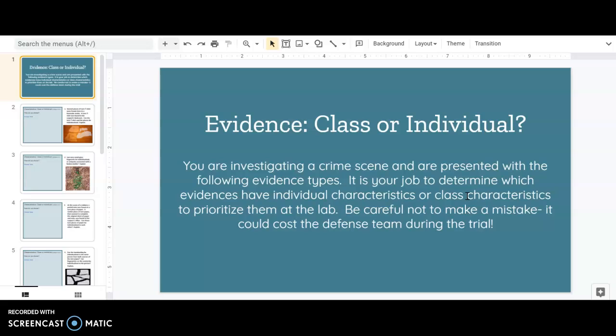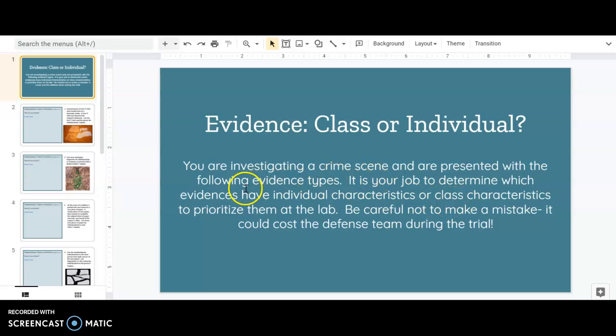However, can we prove without a shadow of a doubt that they were the one that left the blood there? No, we can't. And so blood type is considered class characteristics because it can only narrow it down to a group or a class of people, not to an individual.